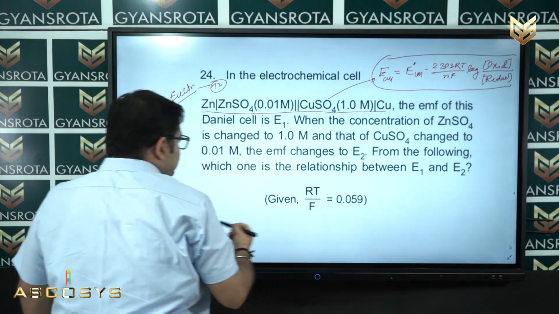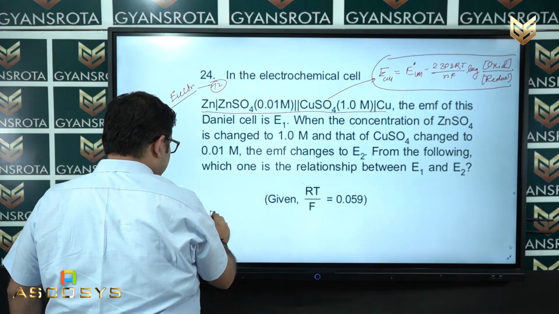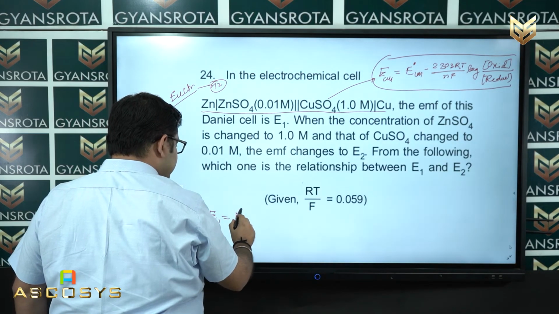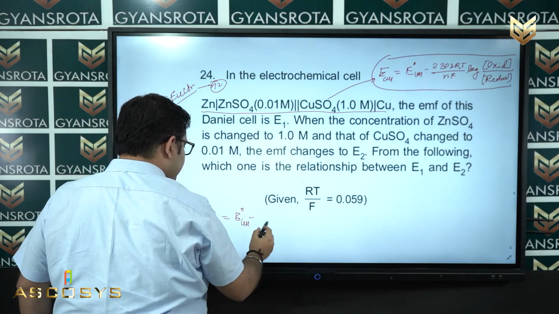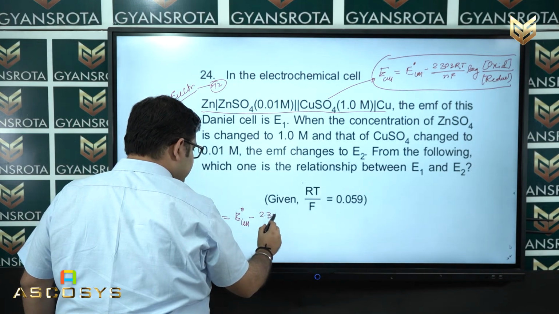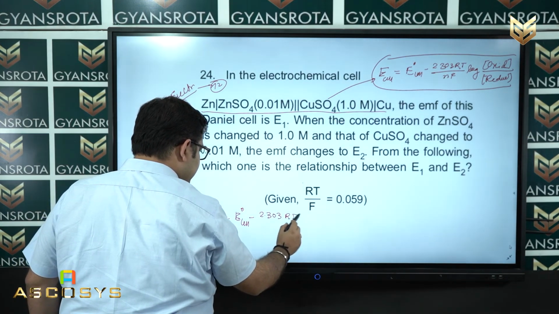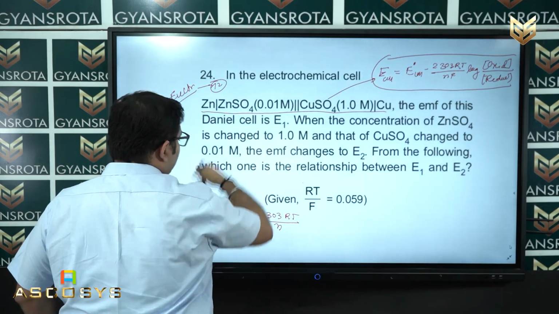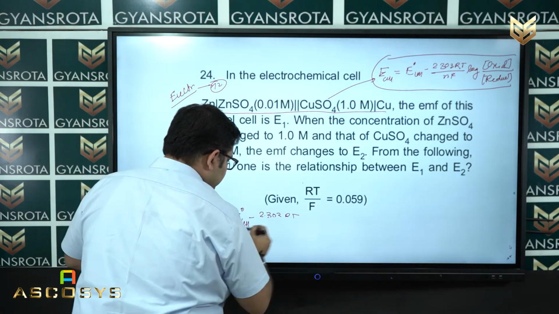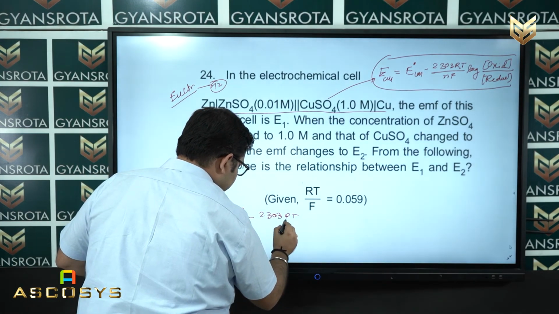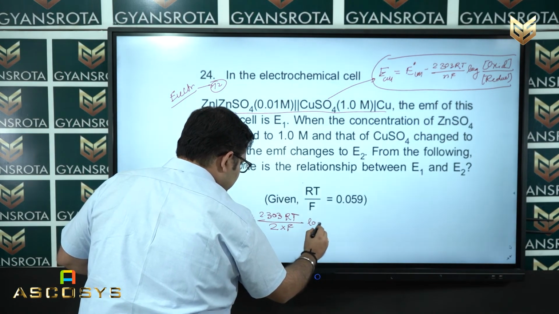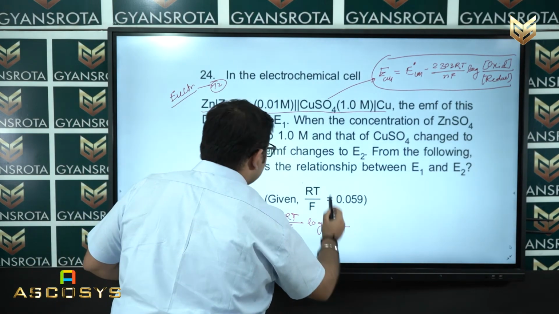Okay, so let us see, first of all E1 we have to calculate. For that, E° cell minus 2.303 RT by nF. What is the value of n here? Here the value of n is 2. RT divided by 2 into F, log of, what is the concentration?